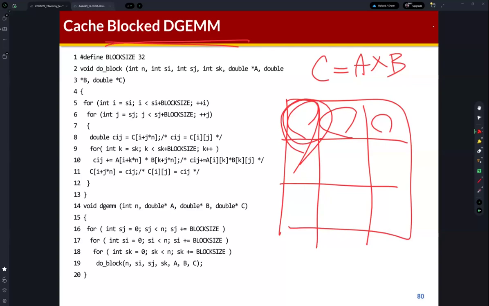So which means we need to also optimize our program by considering the hardware architecture, right? So this is a very popular example of the kernel optimizations, considering the hardware architecture.